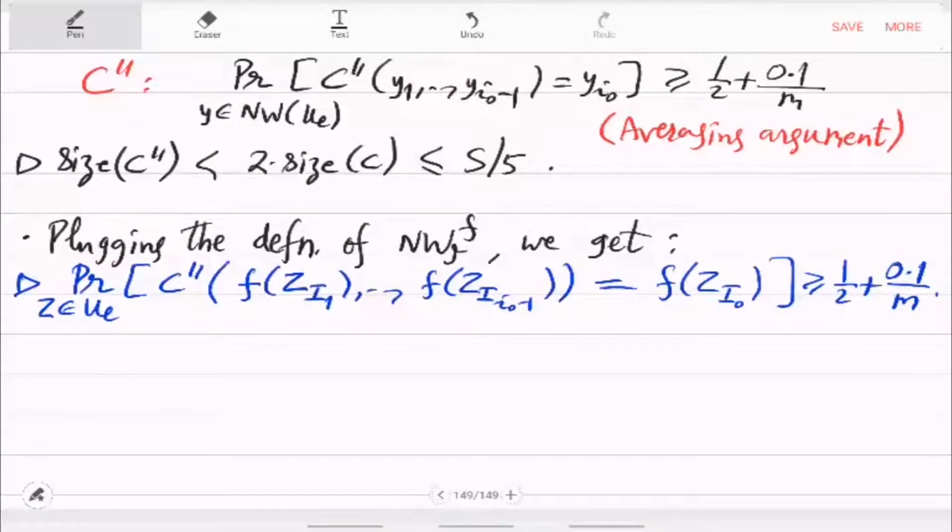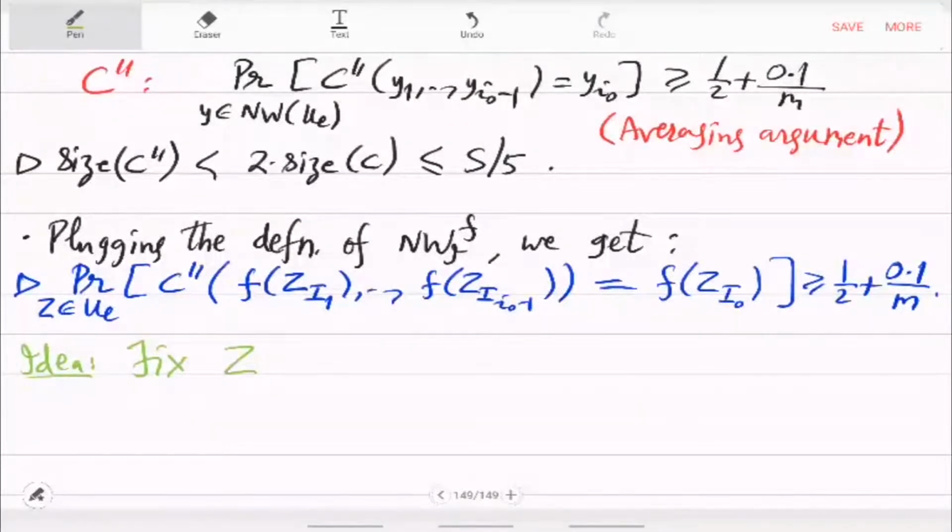So let us fix z other than I0, right? On the RHS you have I0, so other than I0, that part of z you should fix, and then in the left hand side hopefully you will remove the extra z's, and you can then maybe say that f at Zi0 is being evaluated on the left hand side.